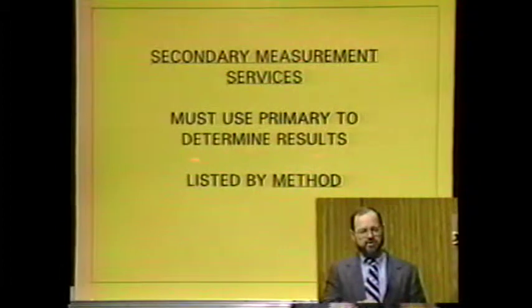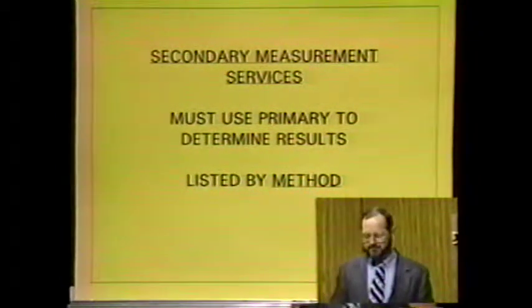Now, secondaries, as you see here, must use primaries to determine results, and they are listed by method. That is, a secondary service, the individual who goes into the home and deploys the detector, or perhaps deploys an electret measuring device, will be listed as a secondary because he does not come up with the actual radon concentration later.